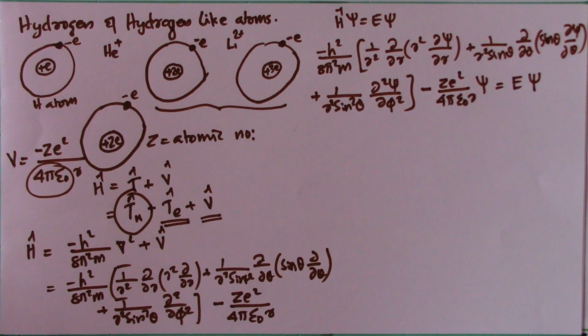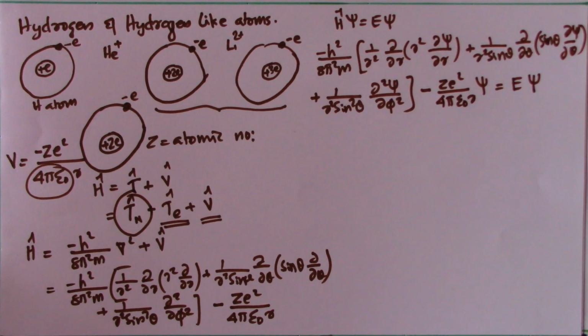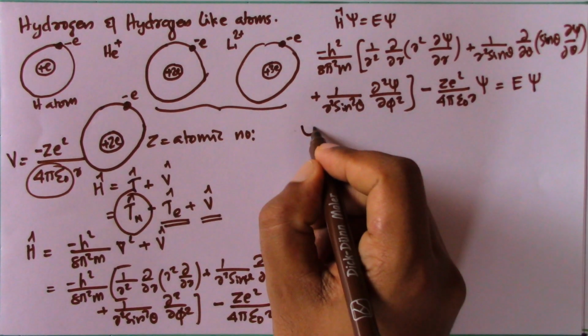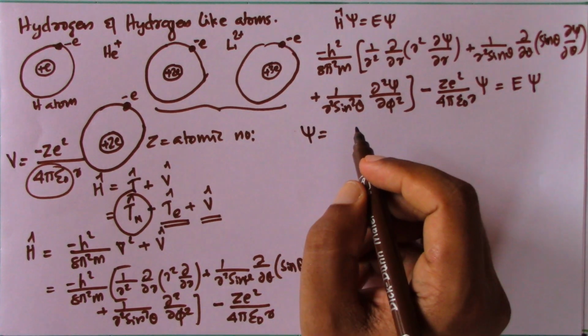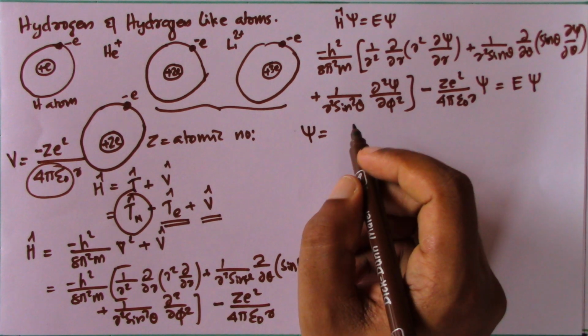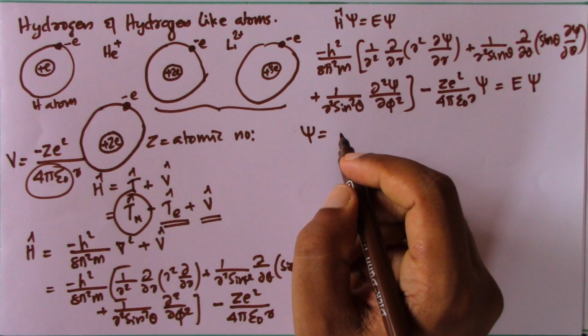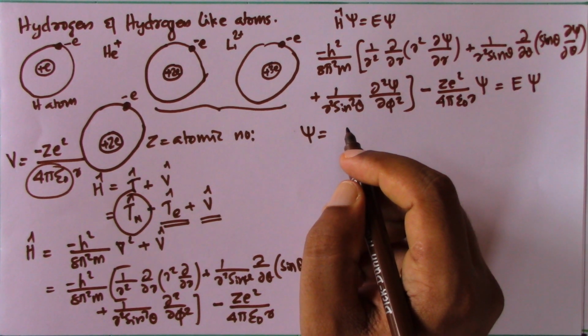Now we have the Schrodinger wave equation here, and what we are going to do now is express psi as a product of three independent functions, because psi is a function of r, theta and phi.